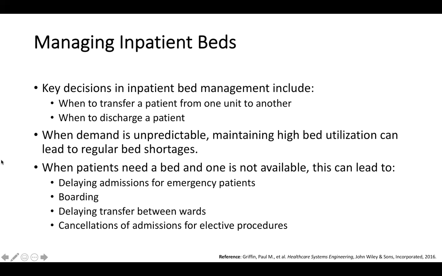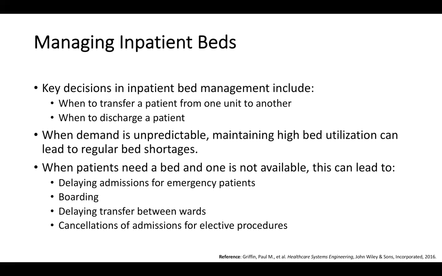And then when demand is unpredictable, when the arrival of patients to a healthcare unit has a rate that is uncertain and is going up and down, then it's really hard to make sure that our beds have high utilization, because at the end of the day, these are beds, these are spaces in the healthcare facility, and we definitely want to have high utilization for these beds.